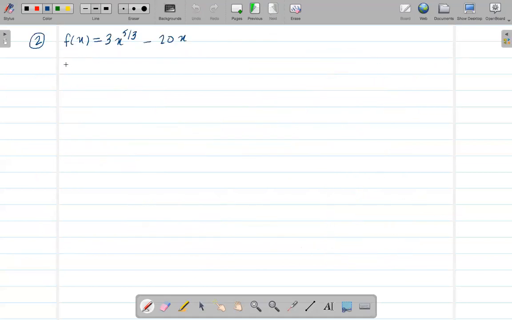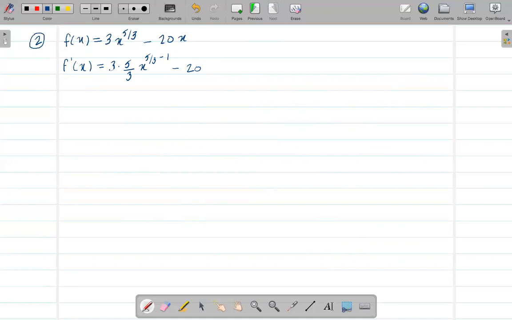First I have to find the critical number. To find that, let me find f prime of x. This will be 3 times 5 over 3 x to the power 5 over 3 minus 1, using the power rule, minus the derivative of 20x, which is just 20. We still have this negative, so negative 20.